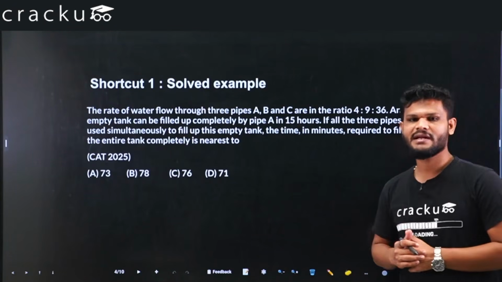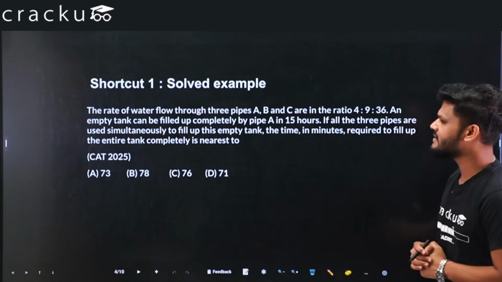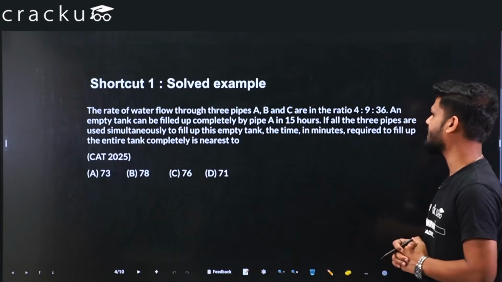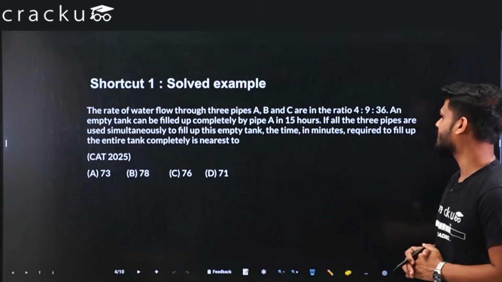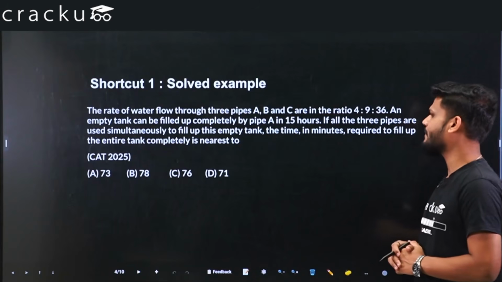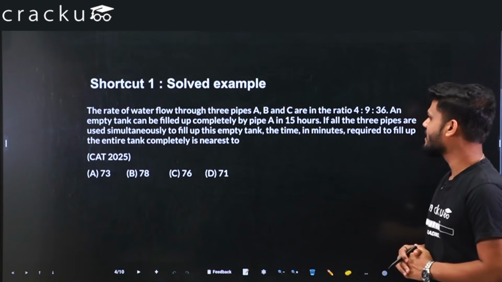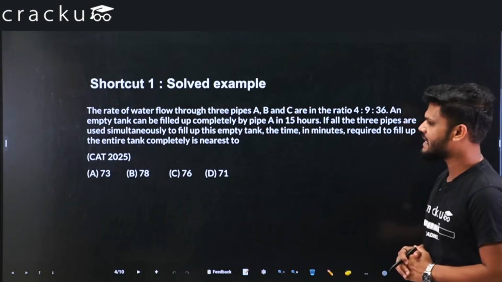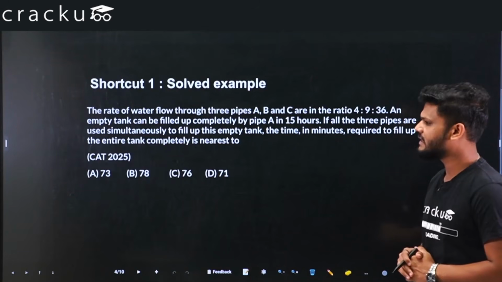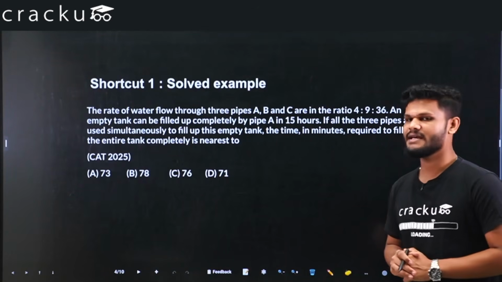So this question came in CAT 2025. It says the rate of water flow through 3 pipes A, B and C are in the ratio 4:9:36. An empty tank can be filled up completely by pipe A in 15 hours. If all 3 pipes are used simultaneously to fill up this empty tank, the time in minutes required to fill the entire tank completely is nearest to what?